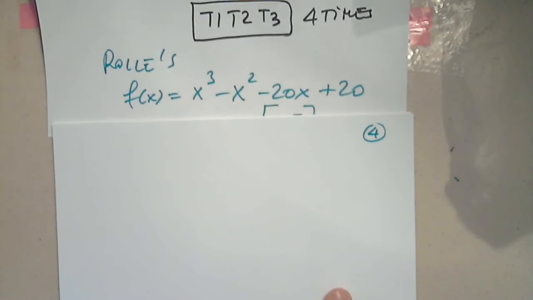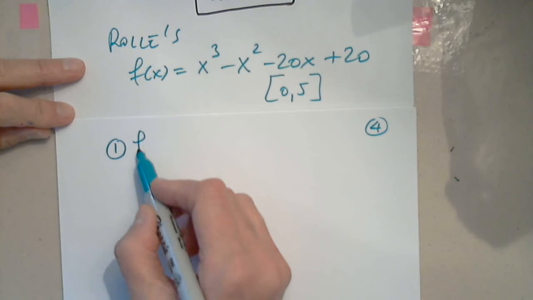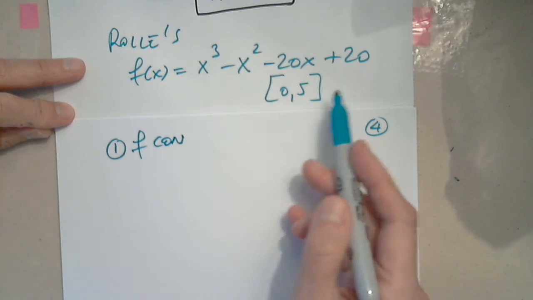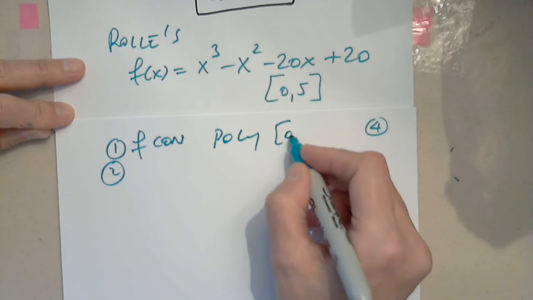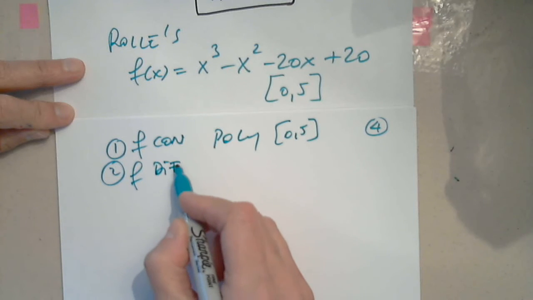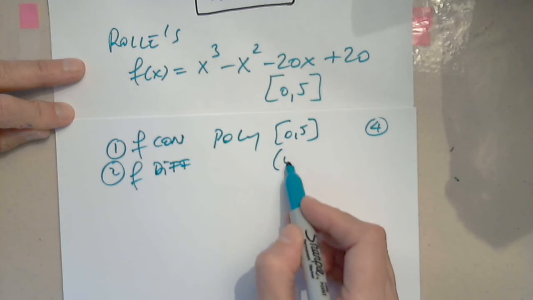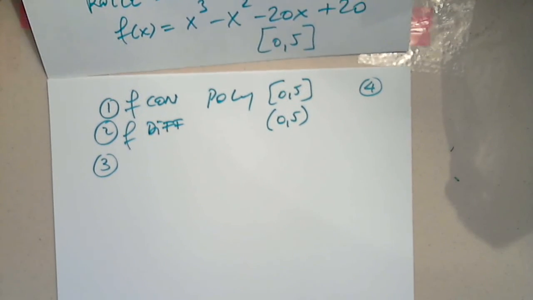First of all, I have to write, number 1, that f is continuous, and I know it's a polynomial, on 0, 5. It's continuous everywhere. It's differentiable, so f is differentiable for the same reason everywhere, but at least on 0, 5. And I need to check the third hypothesis.